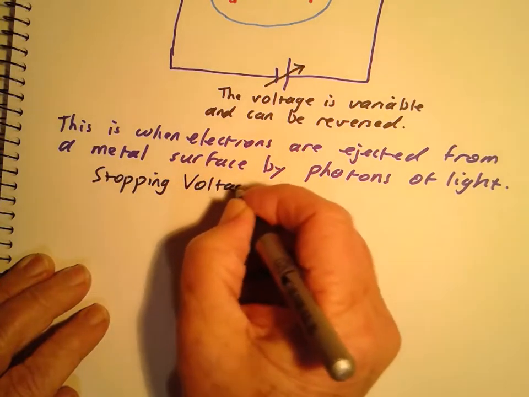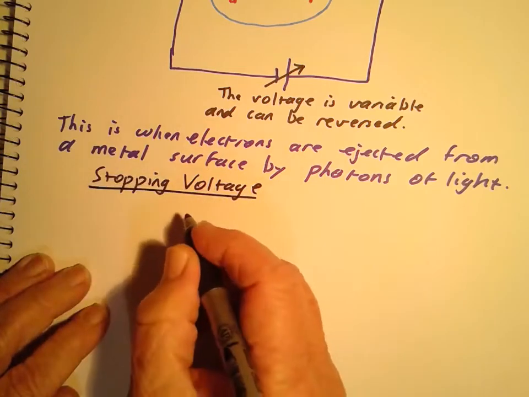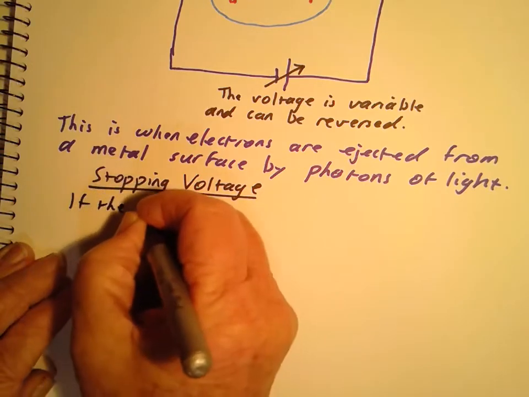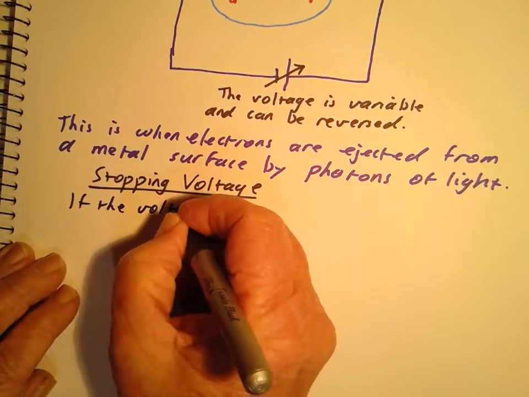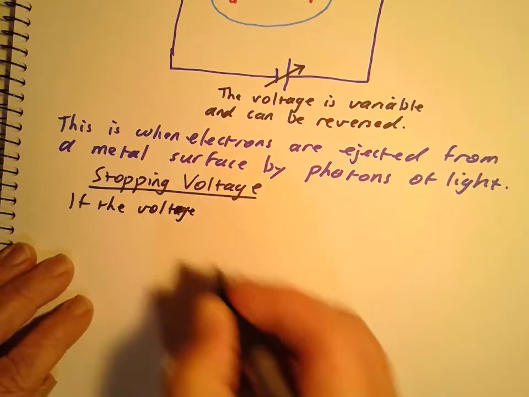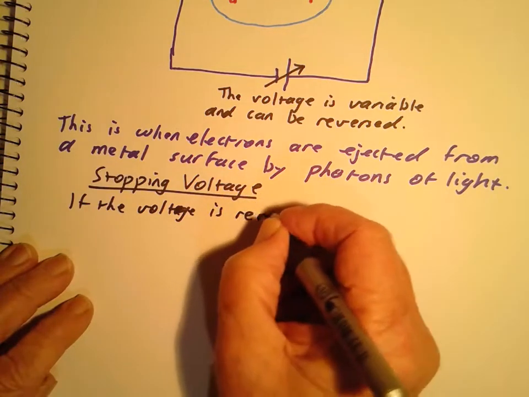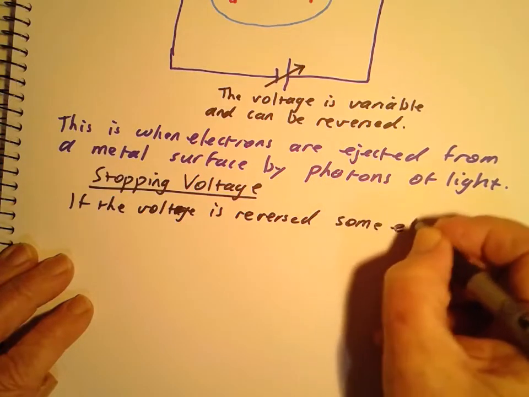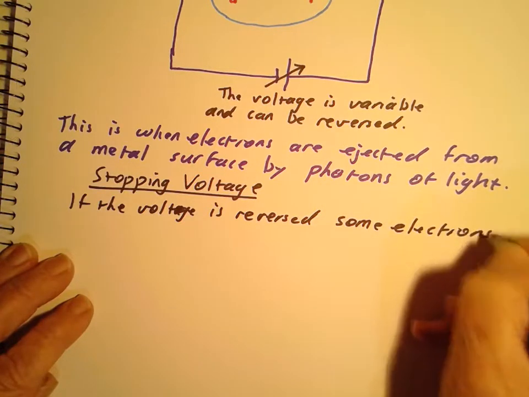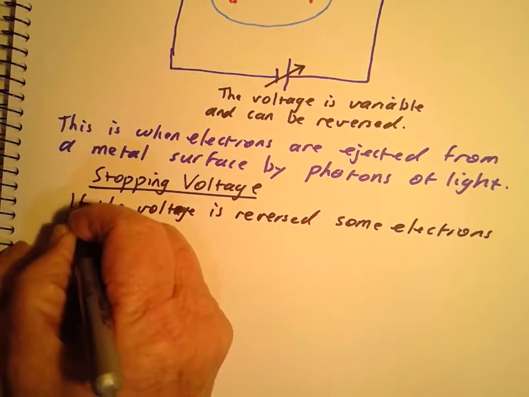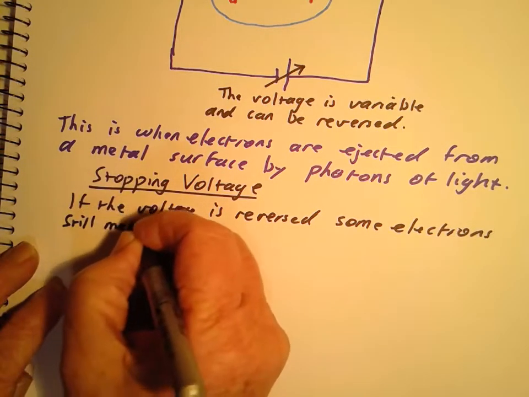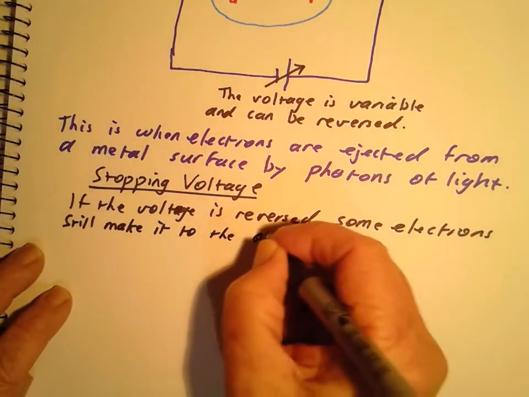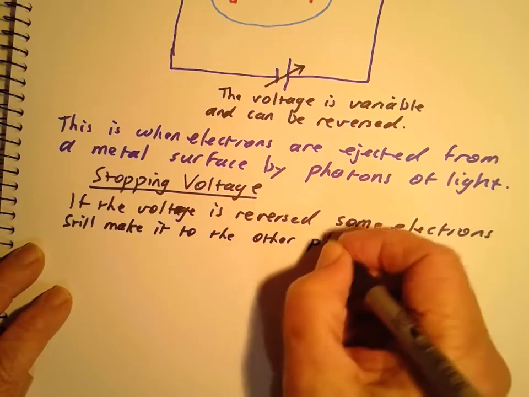So, stopping voltage. If the voltage is reversed, some electrons still make it to the other plate, so the other metal plate.